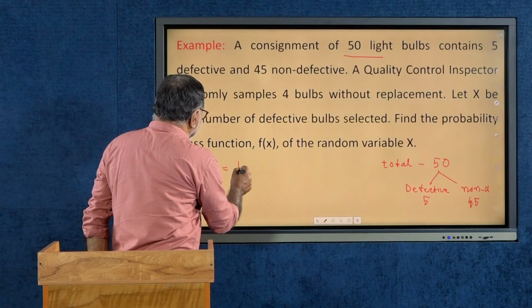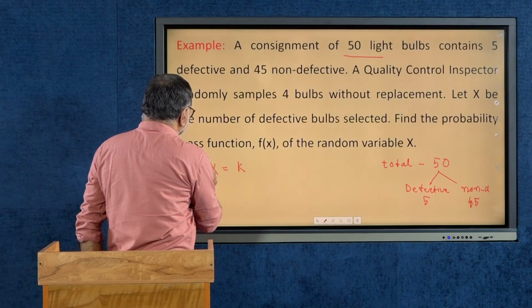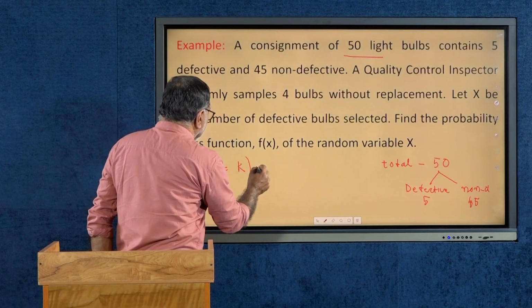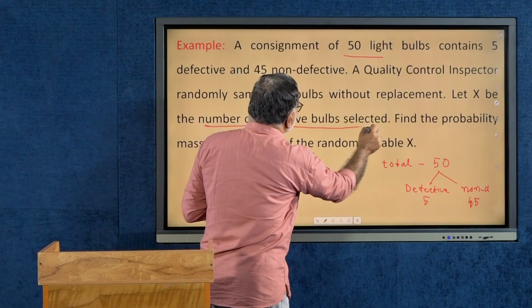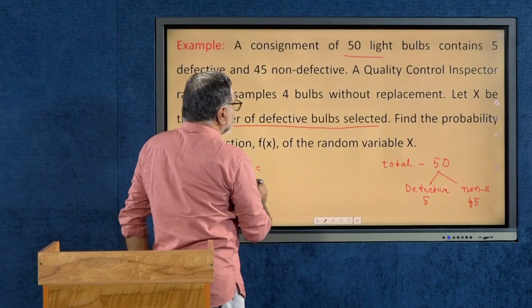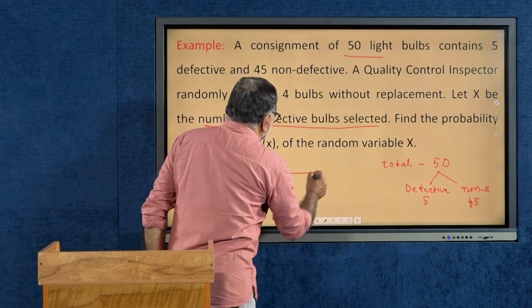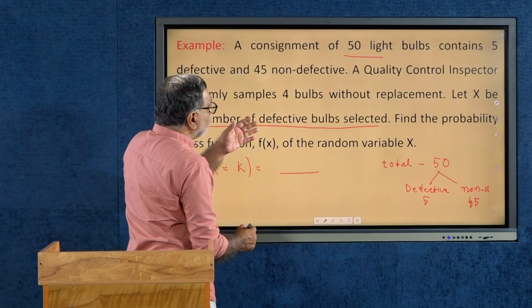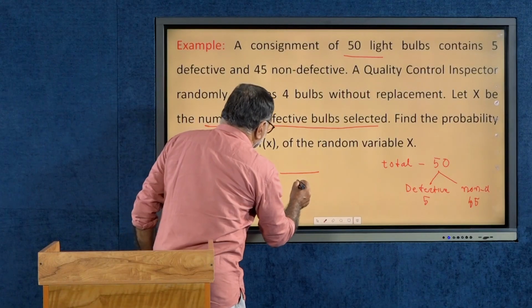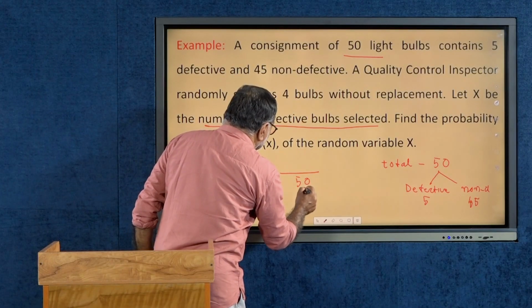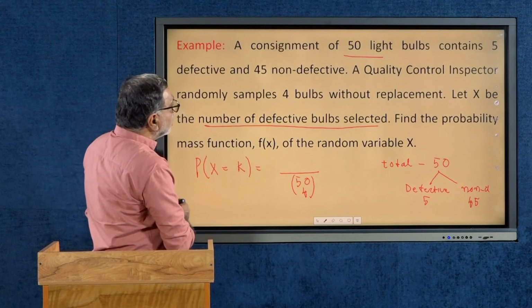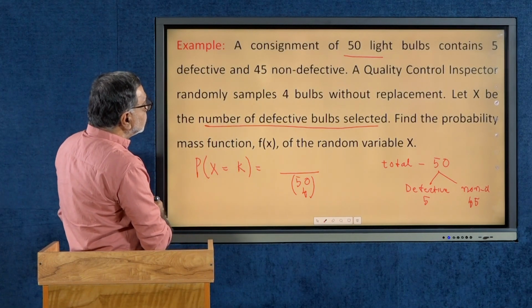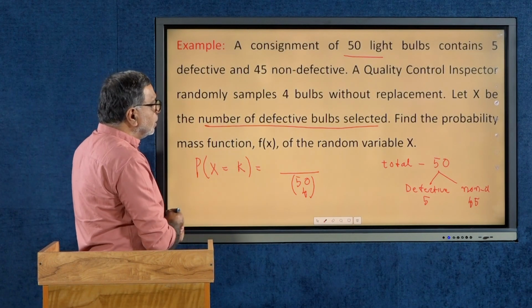So what is the probability mass function? Suppose X is equal to k; we are finding the probability of X equal to k. X is the number of defective bulbs selected. How many bulbs are selected? 4 bulbs are selected. So we have the total cases 50 C 4.